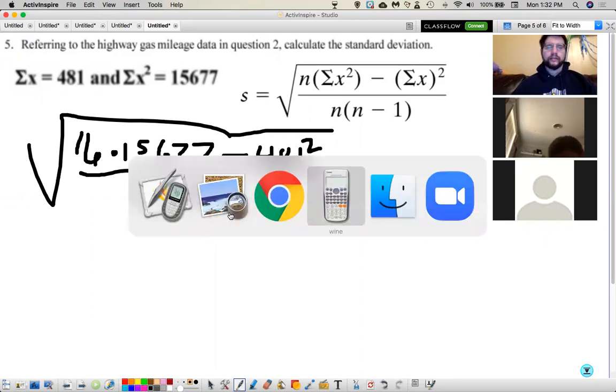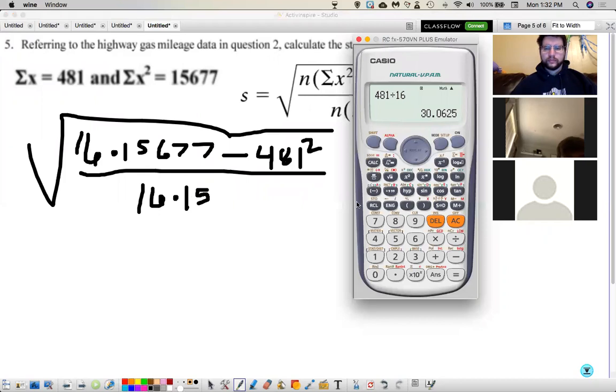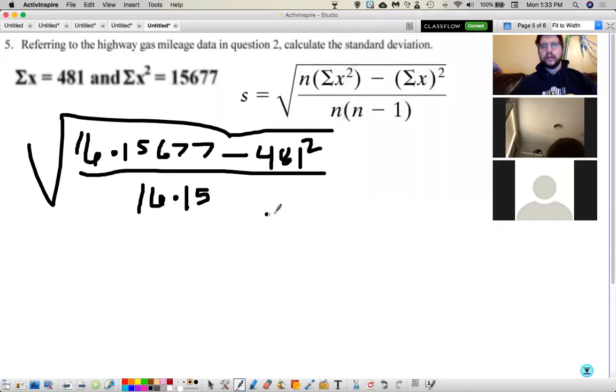And just type that in your calculator. And that gives us 9.007, et cetera. I'm going to go with 9.0. Yes, that 0.0 does mean something, sig figs and all.